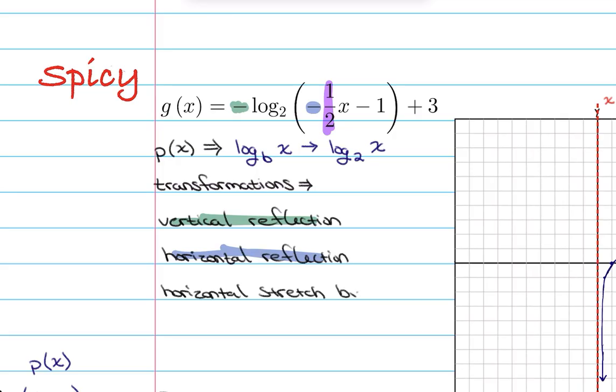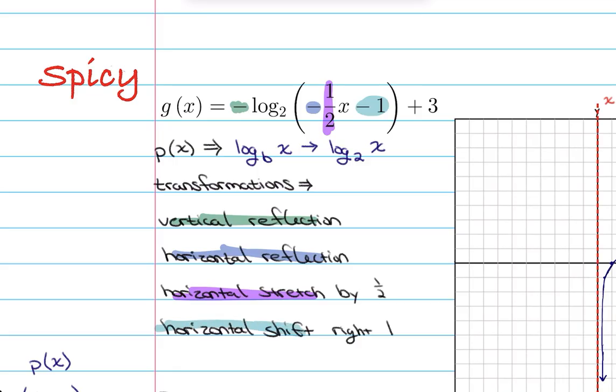Okay. So that takes care of that guy. We have still something left over on the inside. We still have this -1, so that is acting on the x. It's not acting on this logarithm as a whole. So -1, that is a horizontal shift. X's are crazy, so it's opposite of what you see. -1 is really going to be to the right 1 unit.